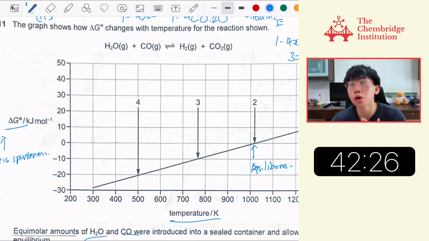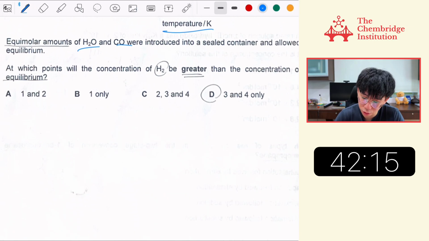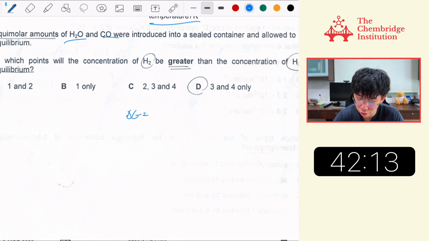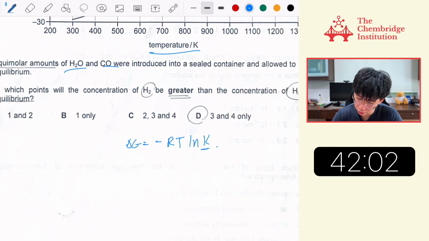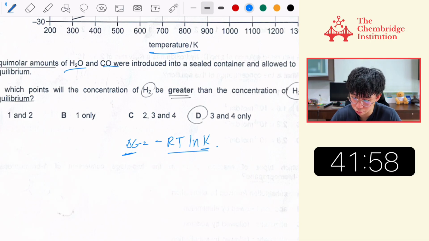If you want to know the correlation between delta G and K, because you want to know the K value, then delta G basically equals negative RT ln K, right? And it seems like when delta G is negative, RT ln K is a positive value.